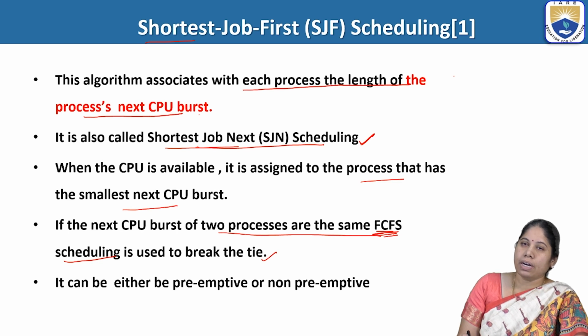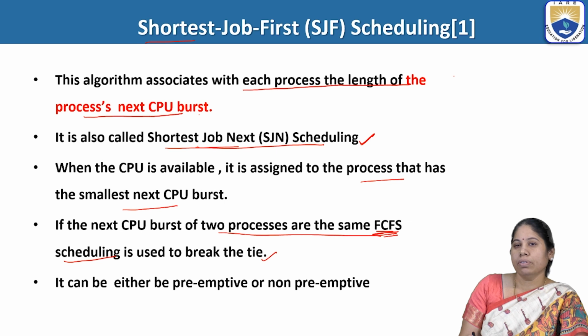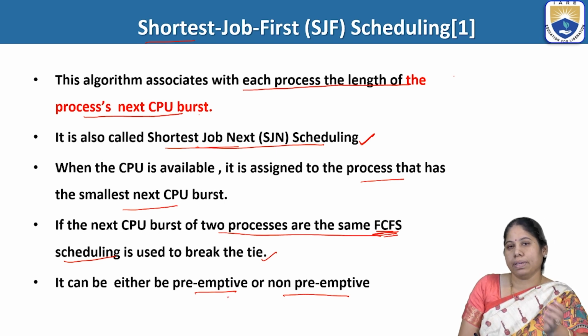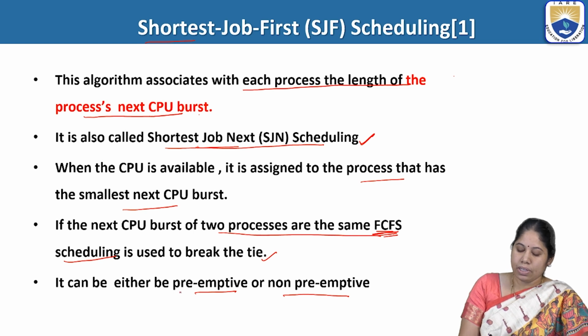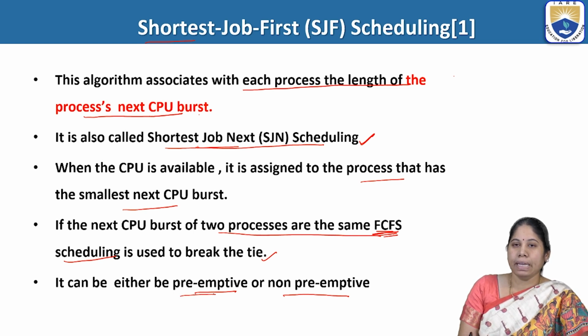So this shortest job first scheduling can be either preemptive or non-preemptive. Preemptive means that you can allow the CPU to go to another process. For example, some higher priority process comes, or some interrupt comes, and at that time the CPU will be switched from one process to another process. That is nothing but preemptive.